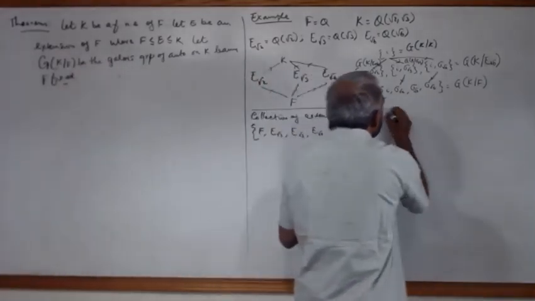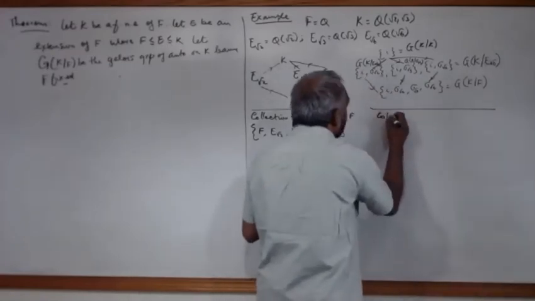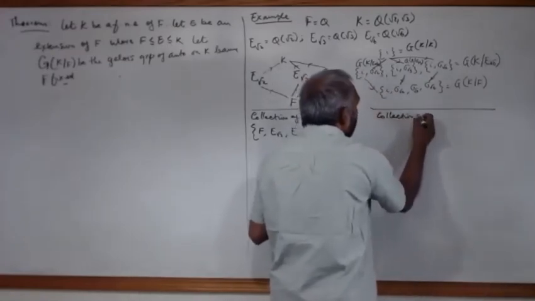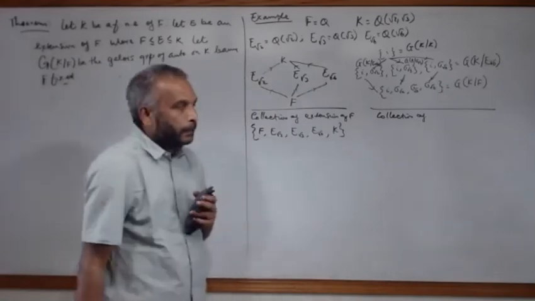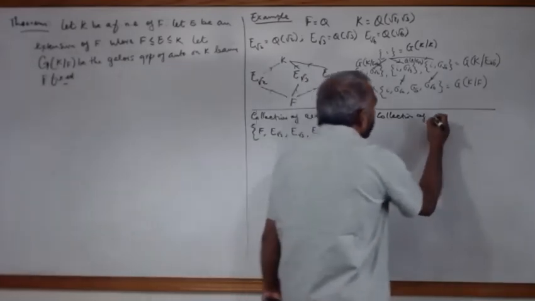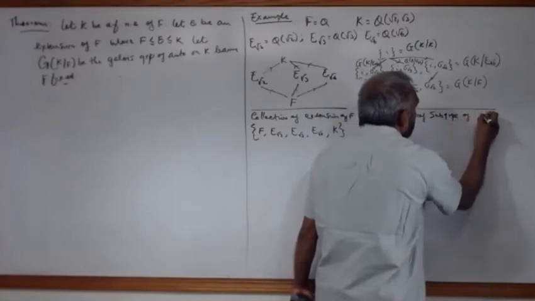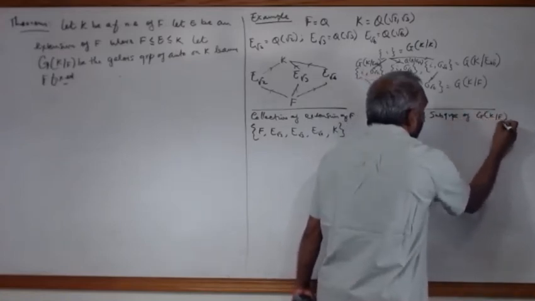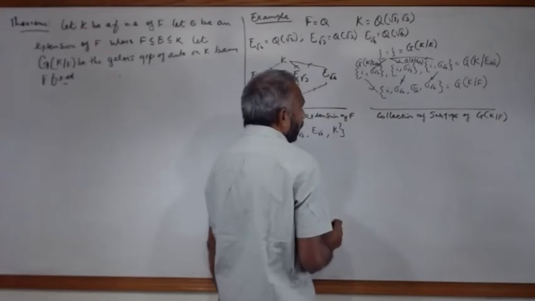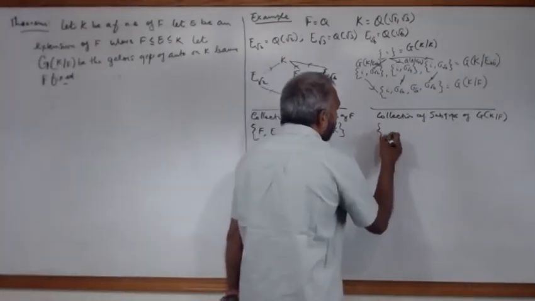This is the collection of subgroups of G of K over F. And what are the subgroups here?